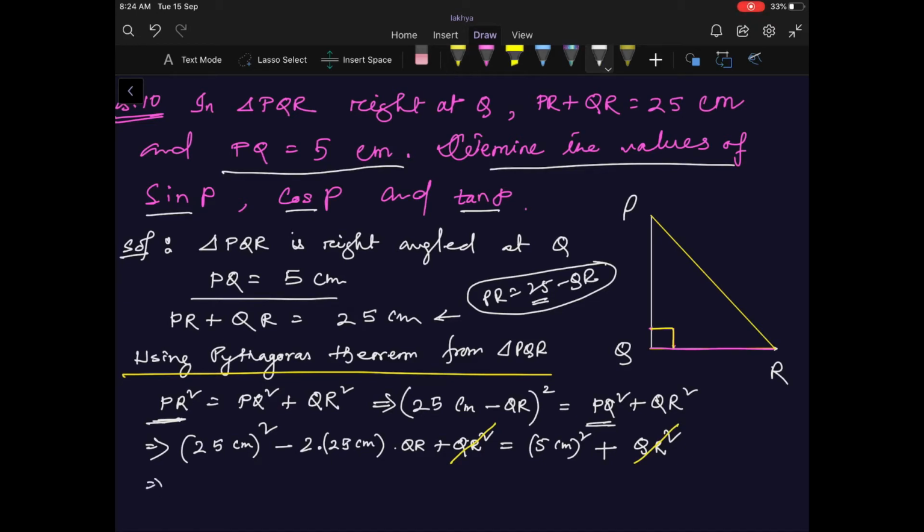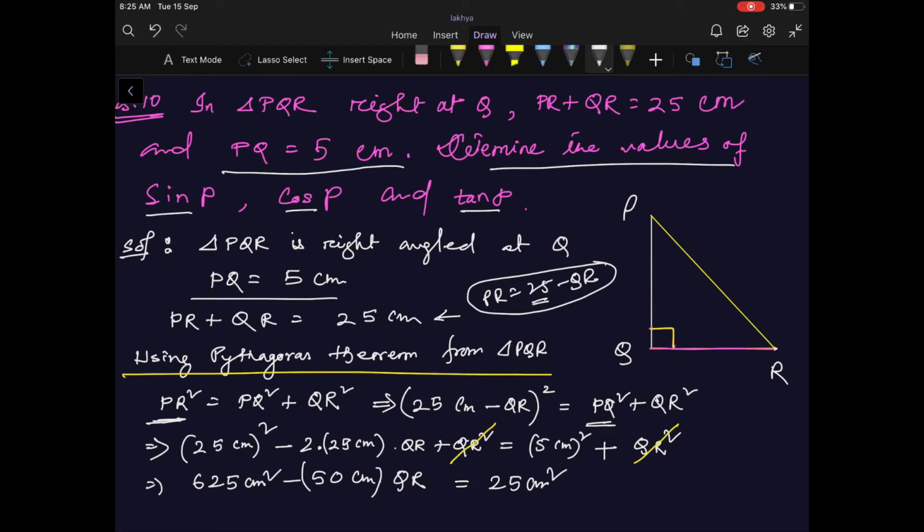Now this is 625 centimeter square, then 2 into 25 is 50 centimeter into QR, then the square of 5 centimeter is 25 centimeter square.